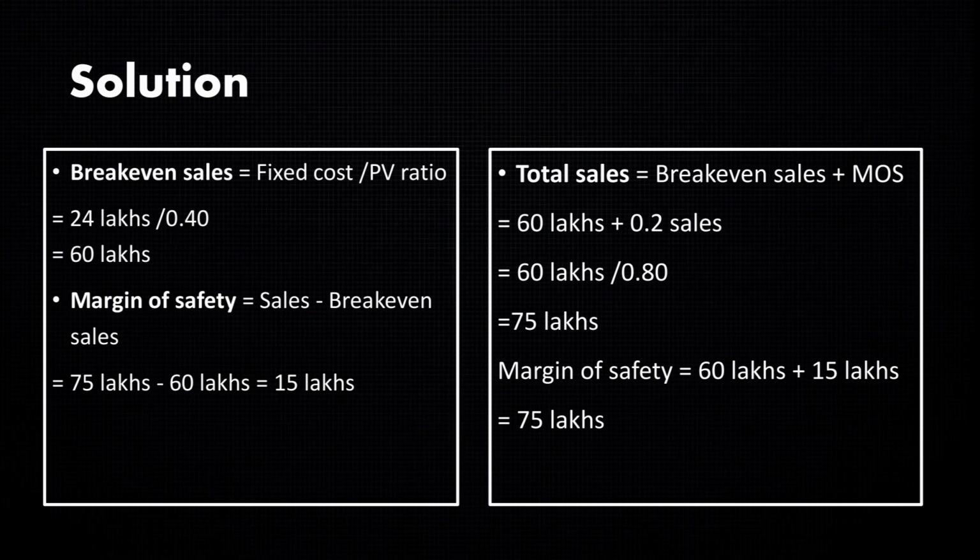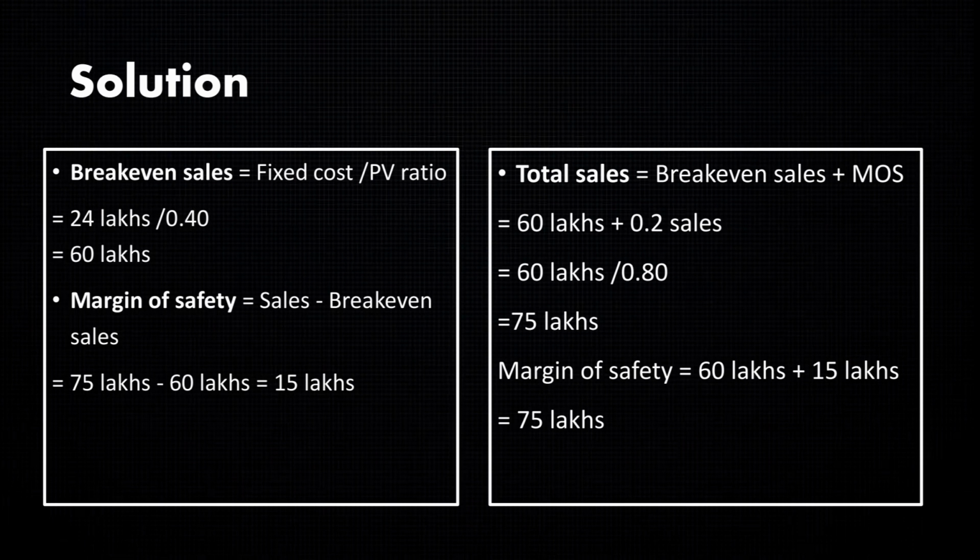Break-even sales is 60 lakhs, and the margin of safety is given as 20% of sales. So 60 lakhs divided by sales, and 1 minus 0.20 gives 0.80. 60 lakhs divided by 0.80, we get sales as 75 lakhs.